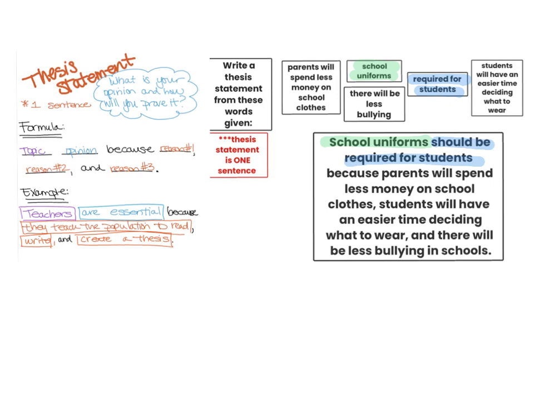Then you're going to list the 3 reasons why. The last 3 are your reasons. So you have parents will spend less money on school clothes right here. And then the next was students will have an easier time deciding what to wear. That is here. And then last, there will be less bullying.